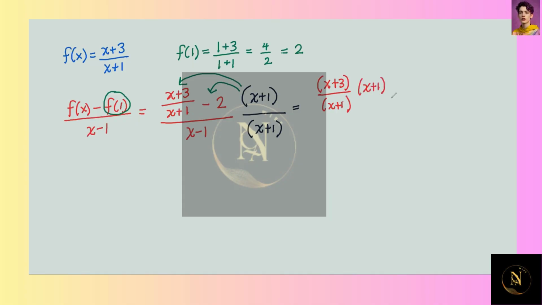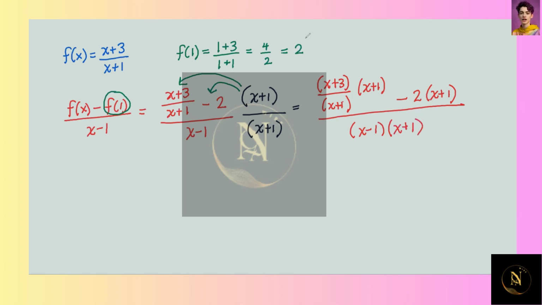And that's our first term distributed. Then our second term is twice (x plus 1). Okay, and then the bottom, I'm going to leave it in factored form. You'll see why in a little bit, why I don't go ahead and FOIL.